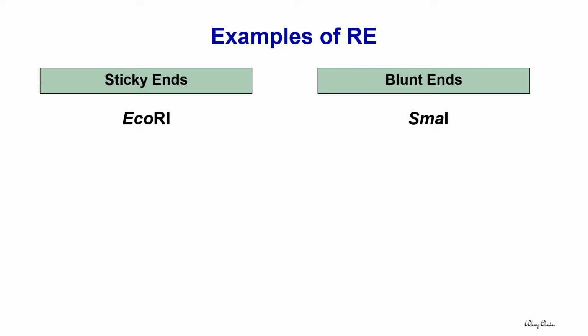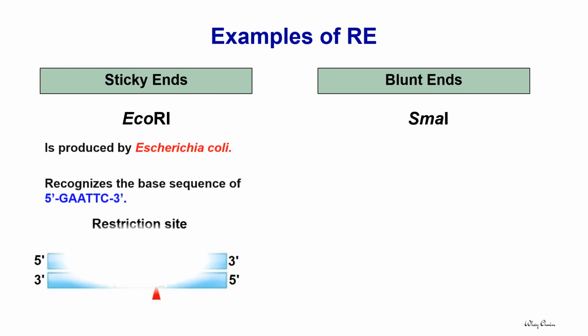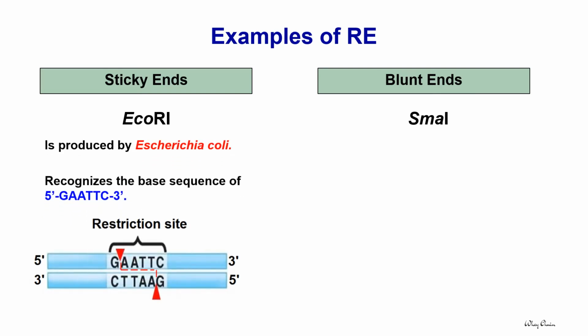Okay, if you notice how we type the name EcoR1, Eco is in italic because we wish to highlight the source of this enzyme. So scientists will extract the enzyme EcoR1 from the bacteria E. coli, Escherichia coli. And this restriction enzyme is only able to recognize, from 5' to 3', GAATTC.